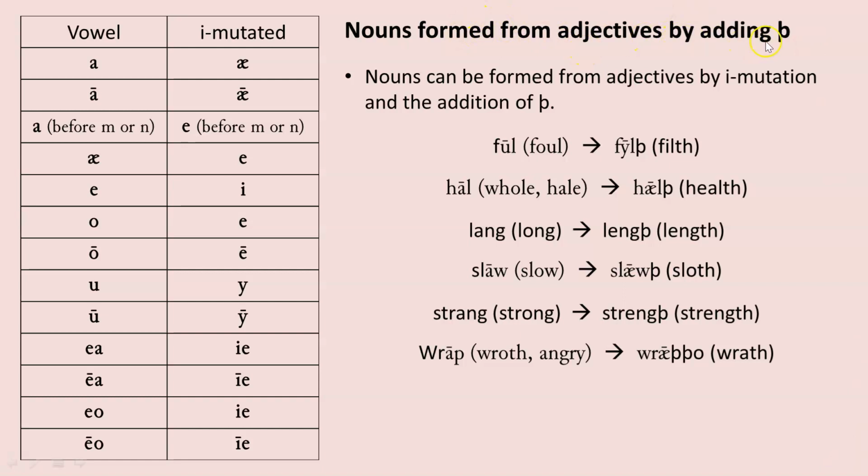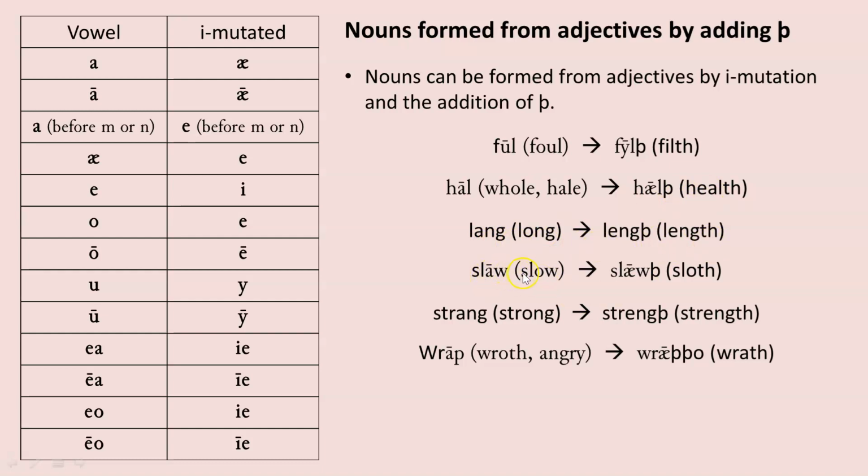Nouns formed from adjectives by adding the symbol thorn. So nouns can be formed from adjectives by i-mutation and the addition of the thorn letter. So full, foul, becomes fulth, filth. Hal, whole, hail. Health, health. Lung, long. Length, length.